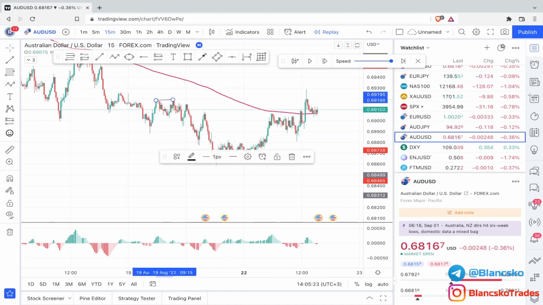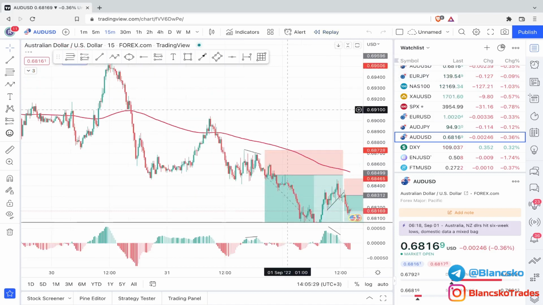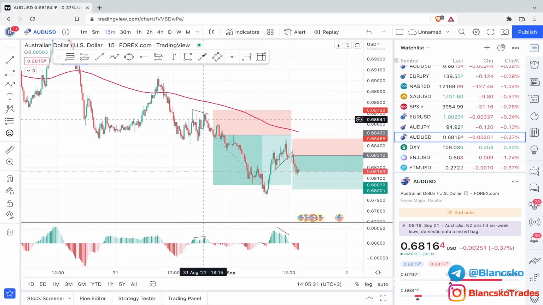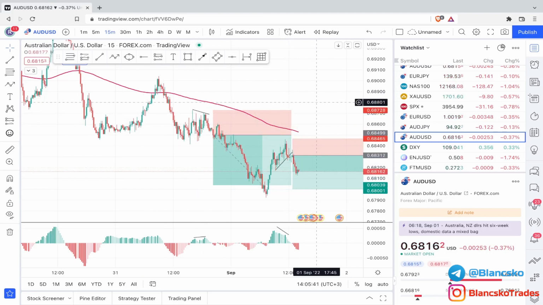I showed you some examples literally from current market action. I didn't go back 3 years ago to pick some really good entries. This is literally live market. So you guys understood the rules. All we need to look for is whether we are below or above the 200 EMA to establish whether we look for sell or buy orders.